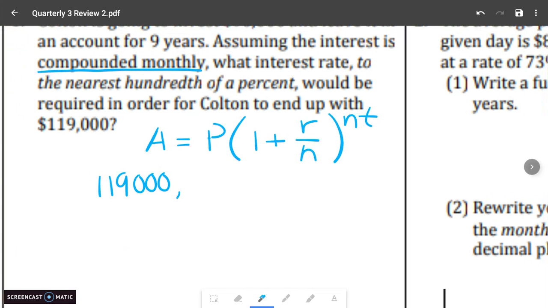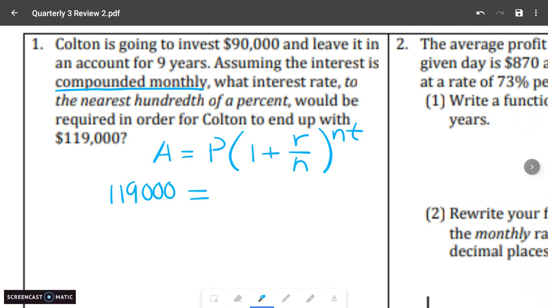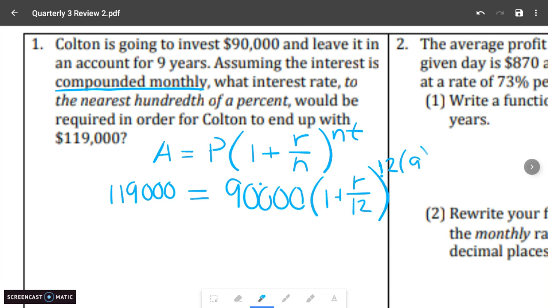We're starting with $90,000. We're going to have 1 plus, we don't know what R is. We know N is going to be 12 because compounded monthly, and we're raising it to 12. T, it says 9 years.